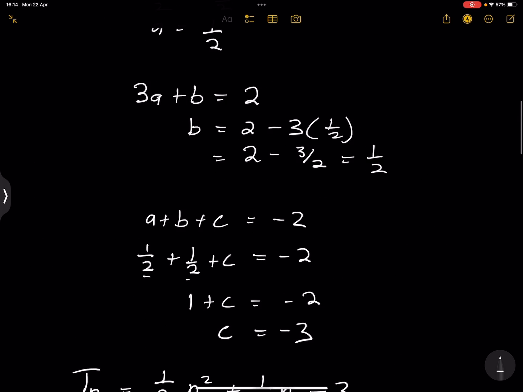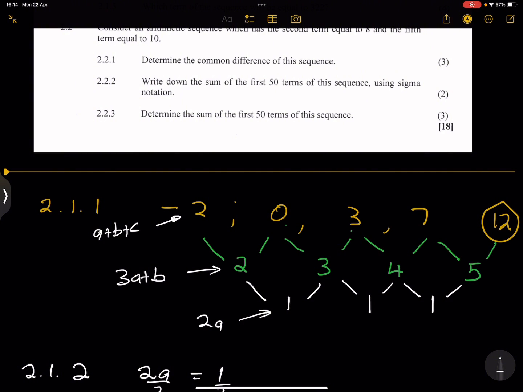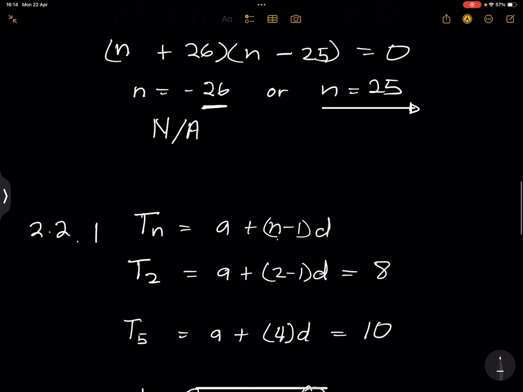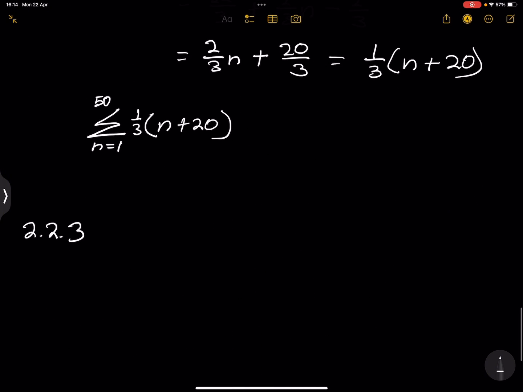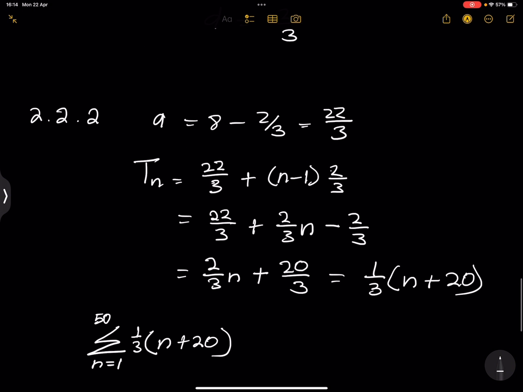Now they say to us, determine the sum of the first 50 terms of the sequence. Now, what I can do, ladies and gents, is firstly, I know what my a value is. My first term rather is 22 over 3.